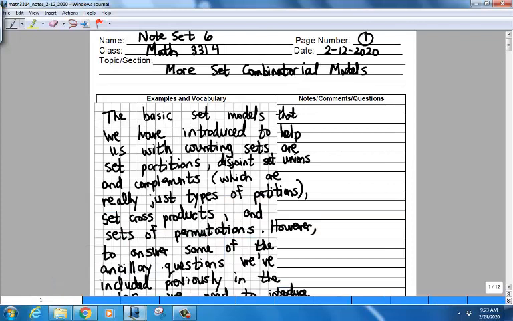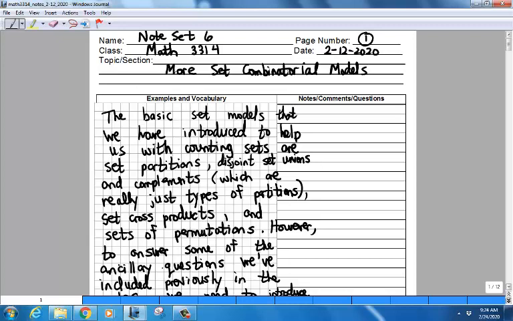Now we want to move on to a new type of set model. What have we seen so far? We've talked about set partitions, which help us count sets that are really disjoint set unions and complements.